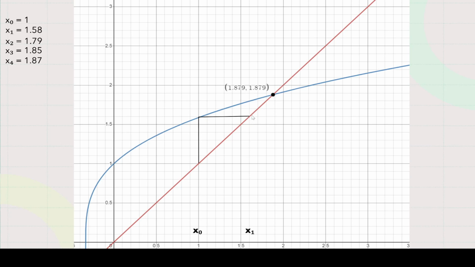We repeat the steps and go here and then here, which would be 1.79, our x2 value, so then it would be here. And the more you do this, the closer it gets to the value intersecting here. As we know from before, the value here is the value that equals 1, or closest to equaling 1. So that's why that works.